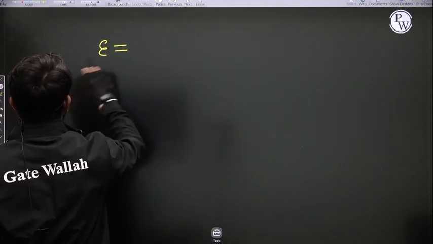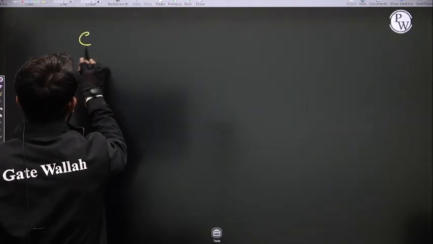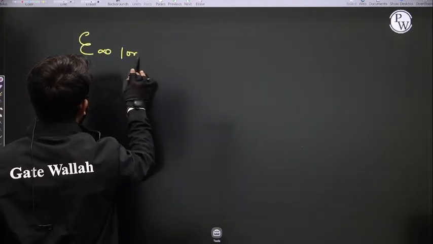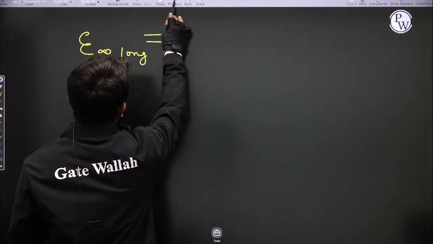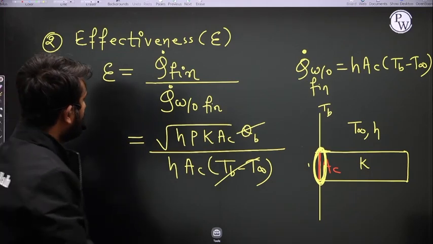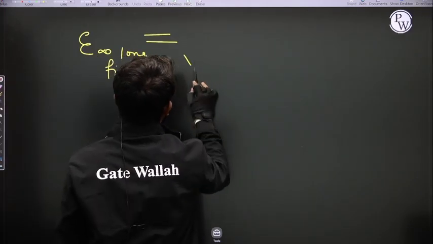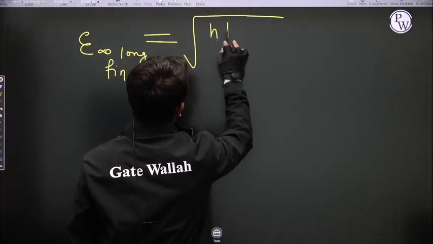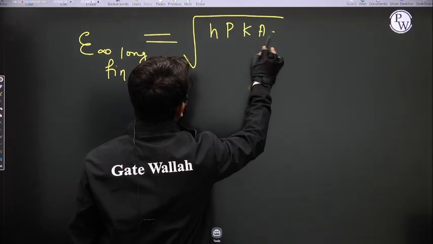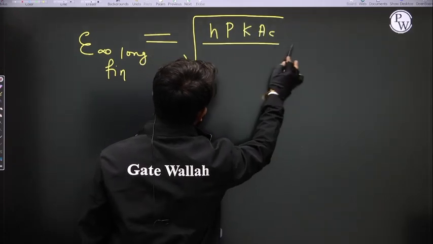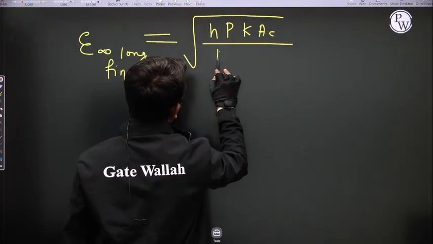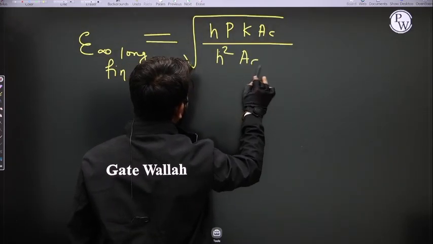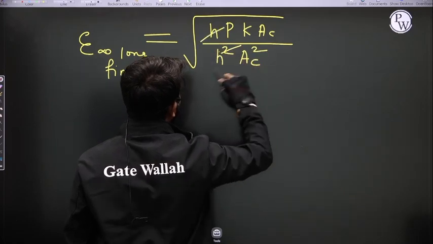Effectiveness. I am considering a case of an infinitely long fin. So the effectiveness in case of the infinitely long fin is root over h P k A_c divided by h square A_c square.